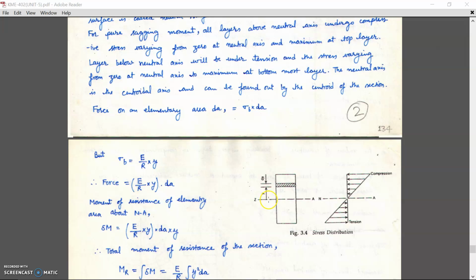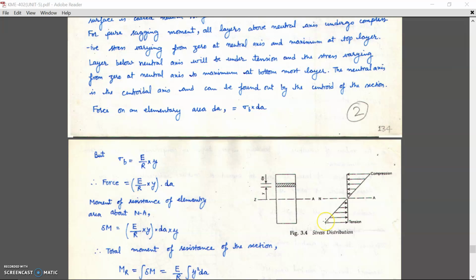See, y was the distance from this line, and this is y, and this is the stress variation diagram. From this, what I understood is that at the outermost fiber it will experience maximum compressive stress, and at this fiber it will experience maximum tensile stress, and its nature will be that it will vary at a linear rate.